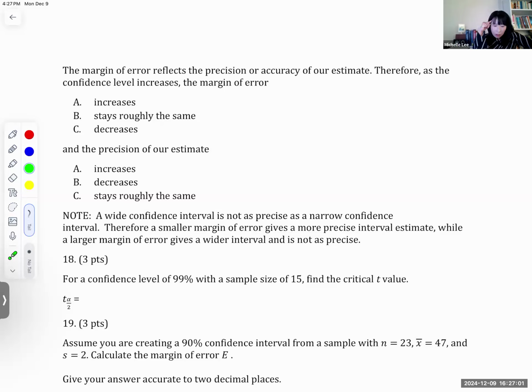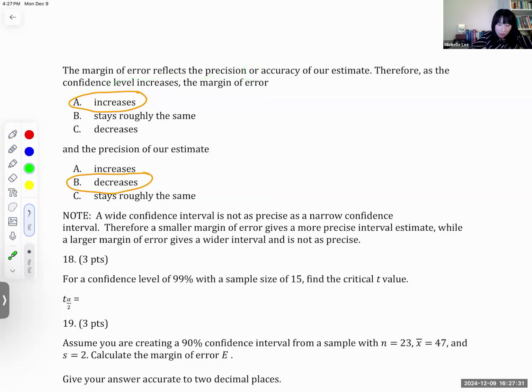A, increase or decrease? Excellent. Thank you for the message. Okay, so margin of error reflects the precision or accuracy of our estimate.